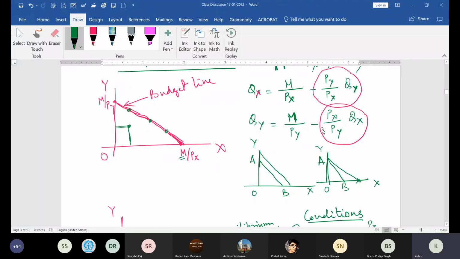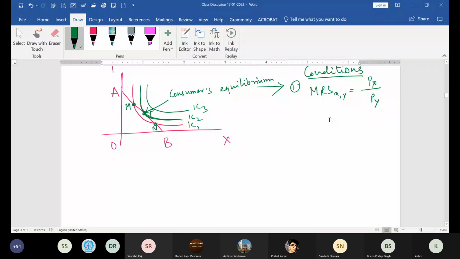Is it not the slope of the budget line? PX by PY is the slope of your budget line. It may be PY by PX also, depending on how you consider it. So the first order condition is that MRS equals PX by PY, so the slope of your indifference curve is equal to the slope of your budget line.